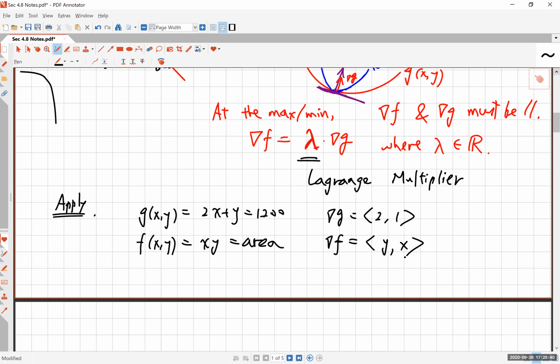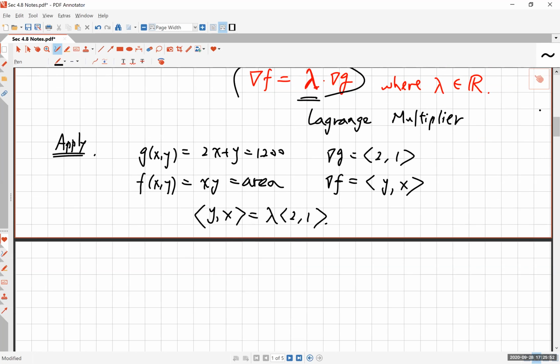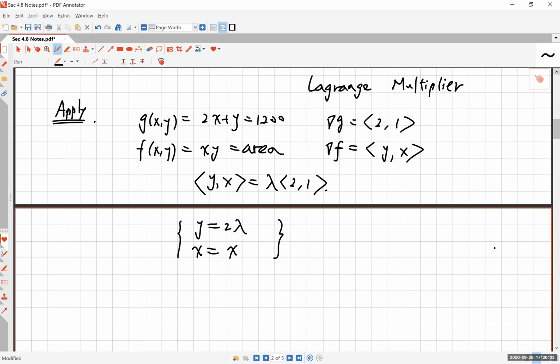We want to set this equation up, so (y, x) is equal to lambda times (2, 1), from which we get a system of equations. y is 2 lambda, x is lambda. From this system of two equations, it's really easy to find the answer.